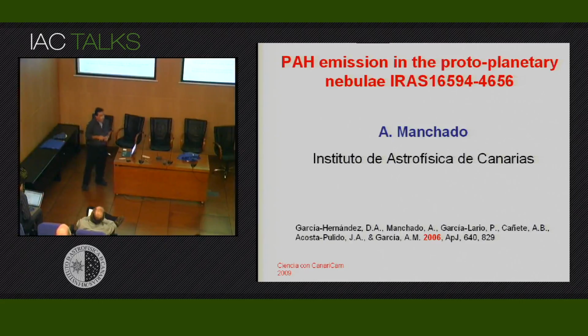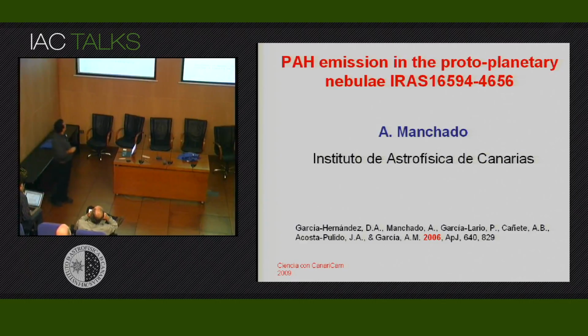So why did we choose this object? We chose this object because, of course, we have some information from ISO. Garcia Lario et al. studied this object with SWS and LWS. It shows PAH and also strong features at 12.6 and 30.4, and also strong 21, 26, and 30 micron features, where it's not clear what caused this emission.